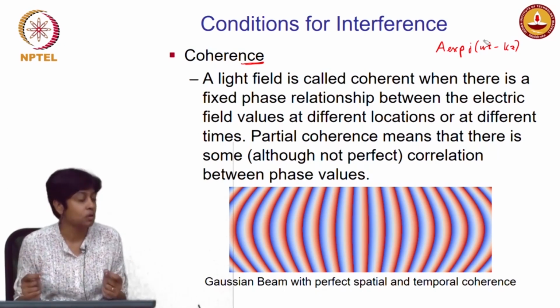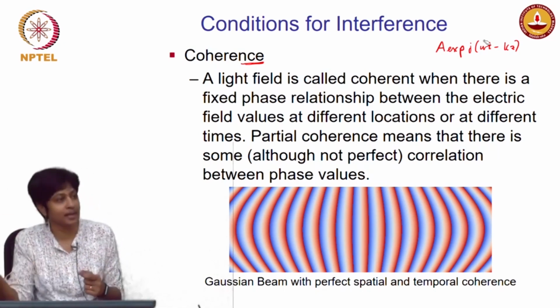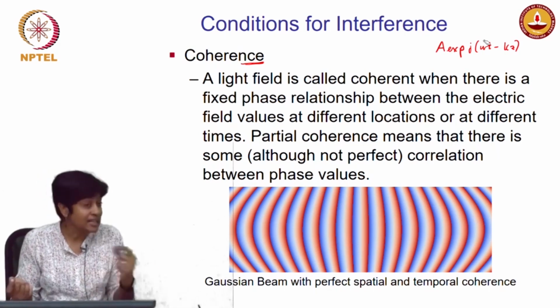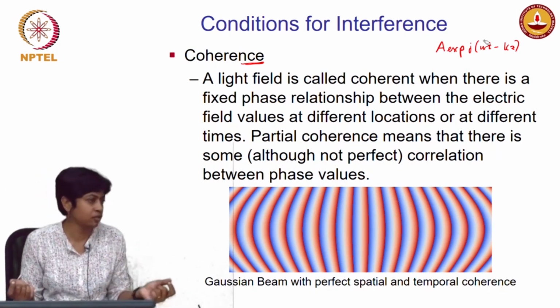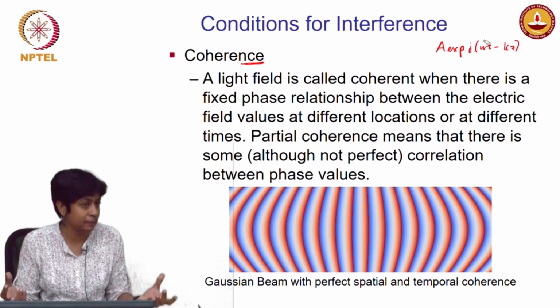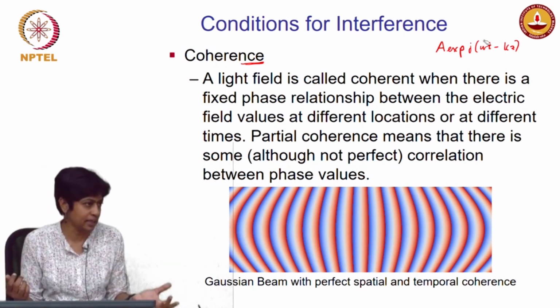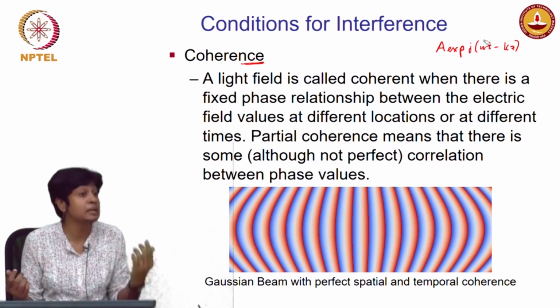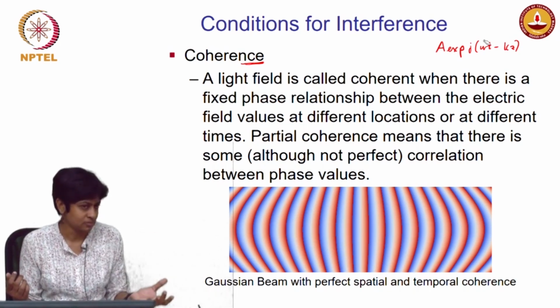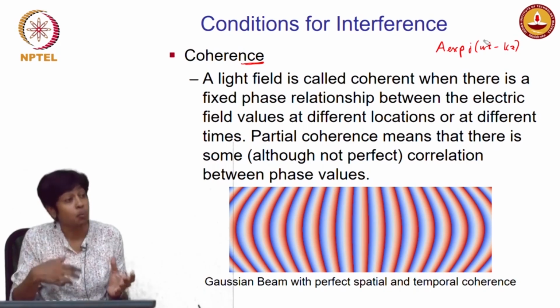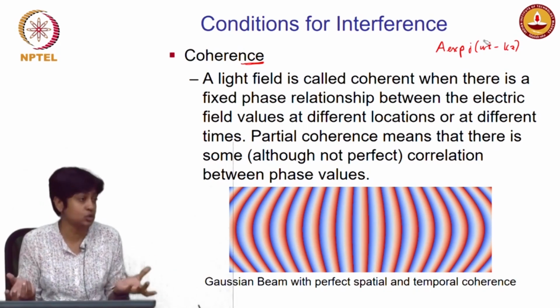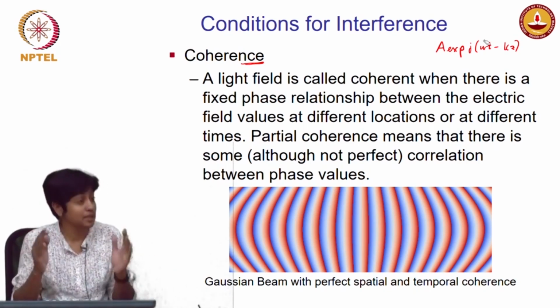The answer is no, because a laser has a very high degree of coherence. A white light source has a very low degree of coherence. So setting up an experiment with the laser is easier than setting it up with the white light source, but it's not impossible. Okay, and we'll see what would be the differences between these two sources.